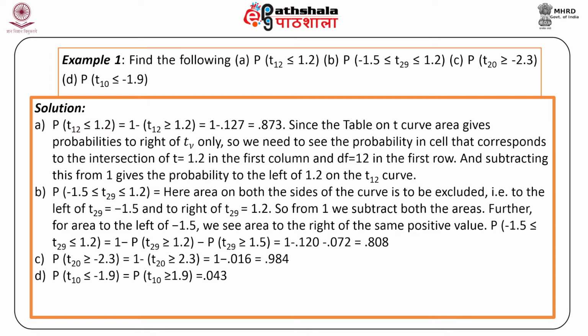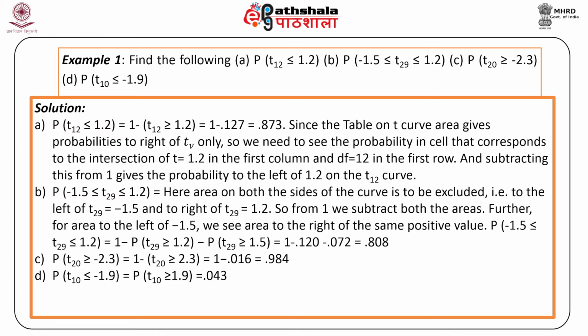B, probability that T29 is greater than or equal to minus 1.5 but is less than or equal to 1.2. C, probability that T20 is greater than or equal to minus 2.3. And D, probability that T10 is less than or equal to minus 1.9. What is the solution to these parts?